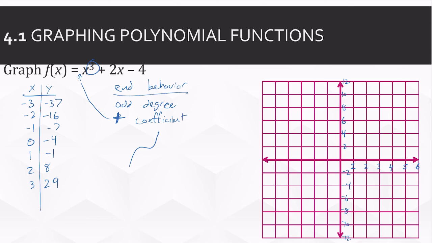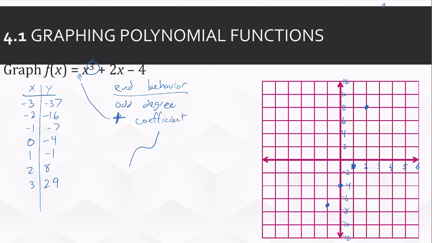But -16 is not. So -1, -7 will be right there. 0, -4, 1, -1, 2 and 8, and then 3 and 29.